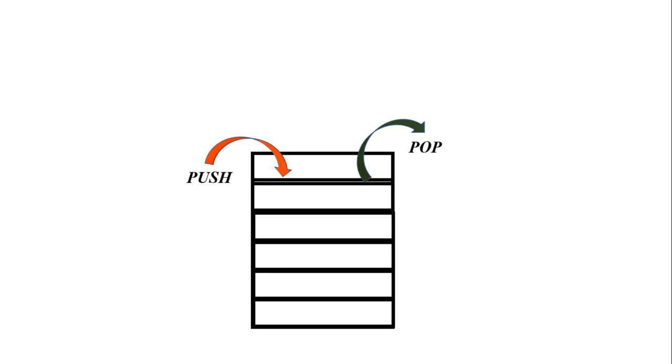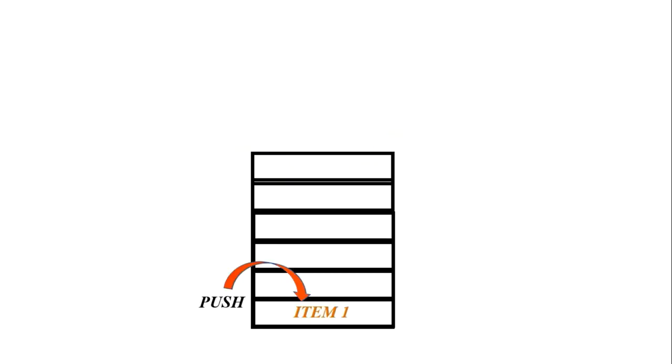What is the meaning of abstract data type? Simply, the operations I can perform on a particular data structure are predefined. That kind of modeling is known as ADT. So in stack, we can perform two specific operations. Basically three, but two major operations: push and pop. Now what is push?